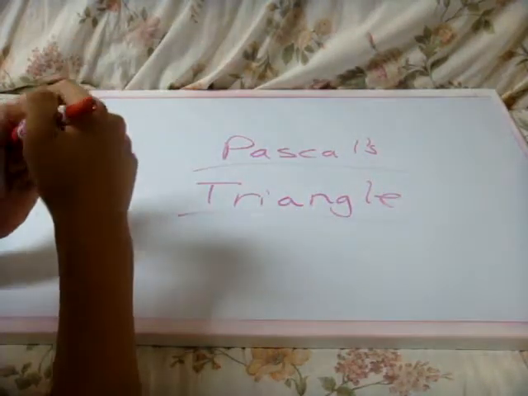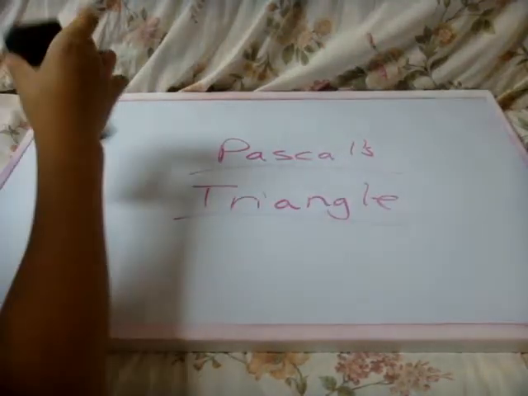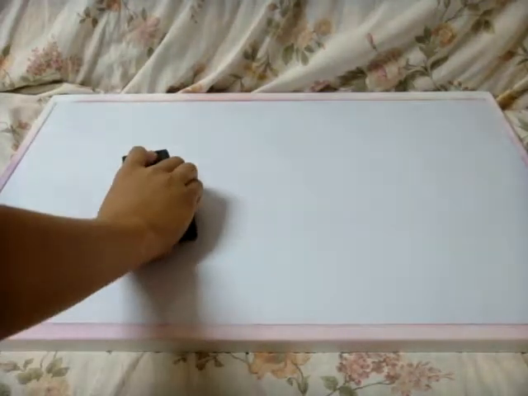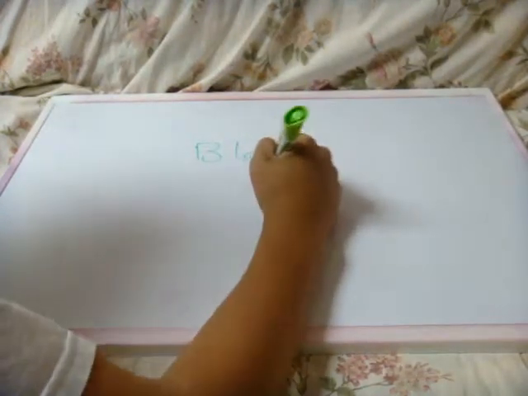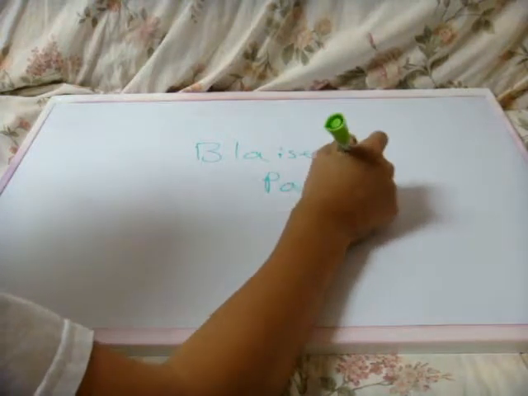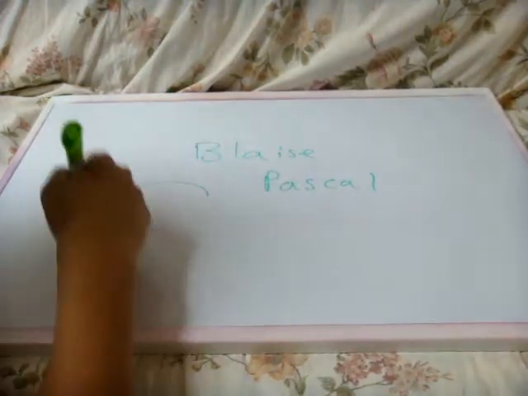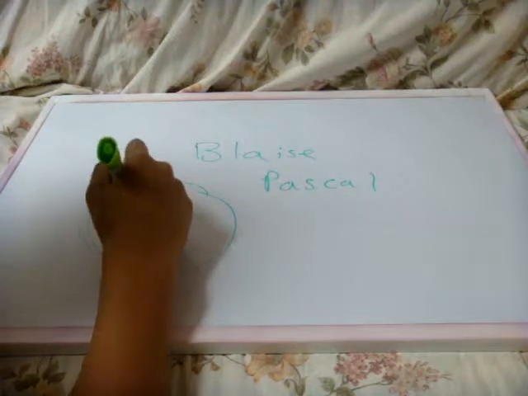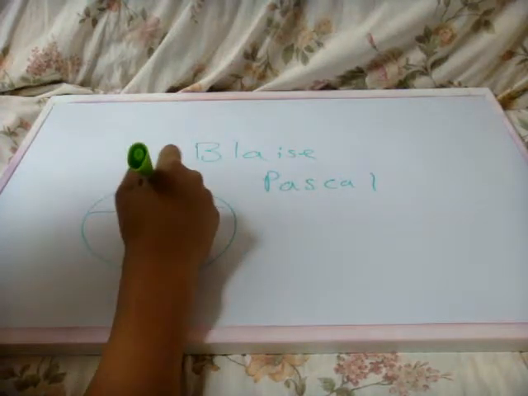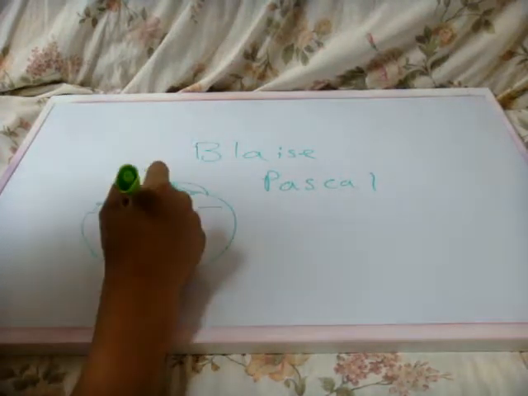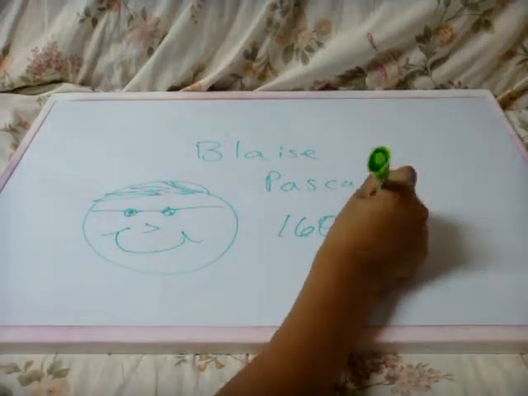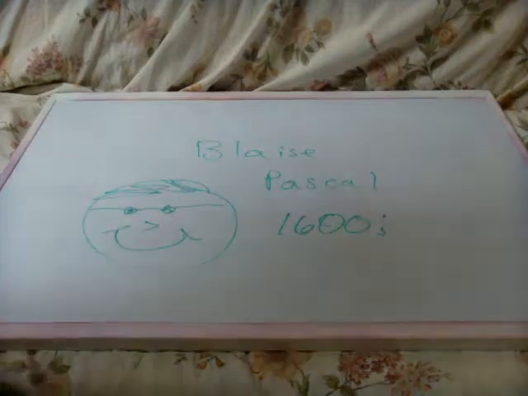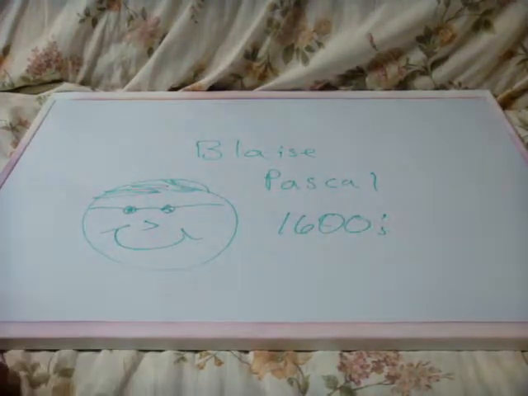You guys might be wondering why it's called Pascal's triangle. Well, the reason is that it was invented by a man called Blaise Pascal. Blaise was a famous French mathematician that was born in the 1600s, which is about 350 to 400 years ago.